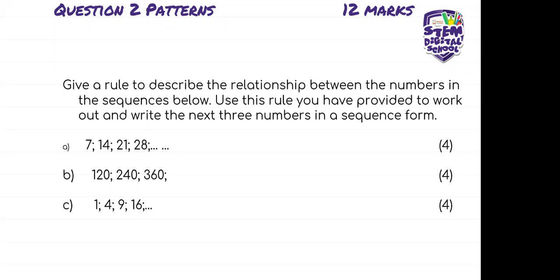Right, Cheryl has given us now the next three terms, and the next three terms according to Cheryl is 480, 600, and then 720. That's what Cheryl says.